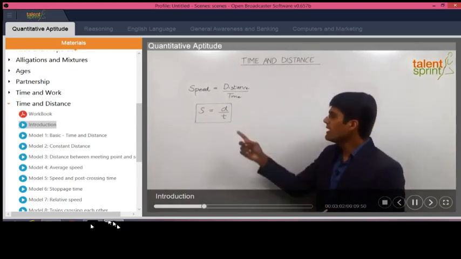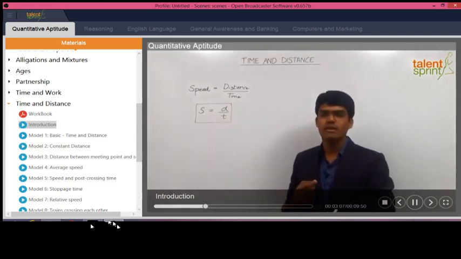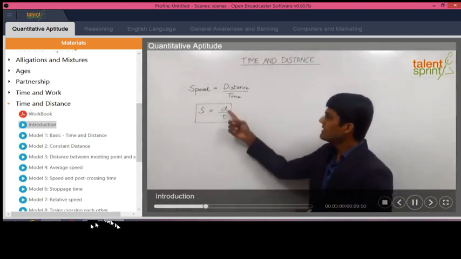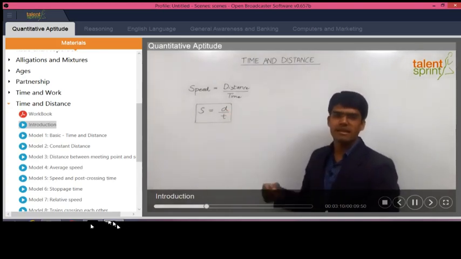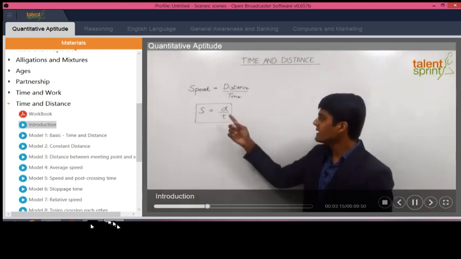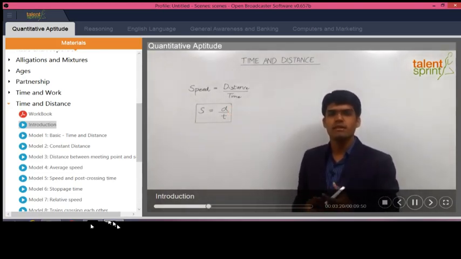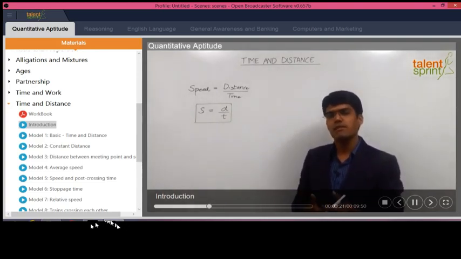For example, if the distance is in kilometers, time is in hours, the speed we get will be in kilometers per hour. Similarly, if the distance is in meters, time is in seconds, the speed we get will be in meters per second. And in case the distance is in kilometers and time is in seconds, the speed will be in kilometers per second.